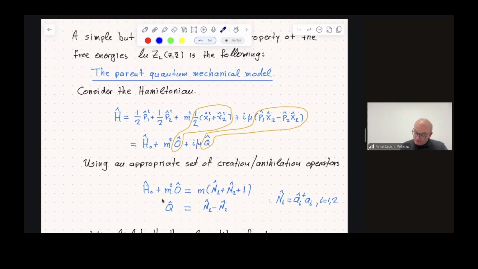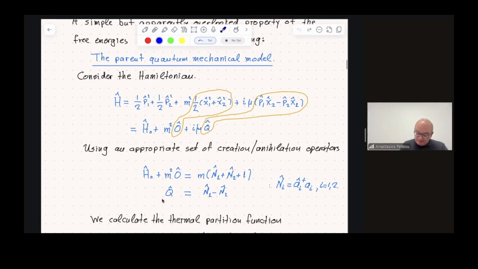And for those who are careful enough, this guy is nothing but the J3 guy of the SU2. This system is very interesting. It has many interesting properties, an SU2 symmetry. This is a kind of angular momentum, but in the third direction, not in the plane where the fields live.